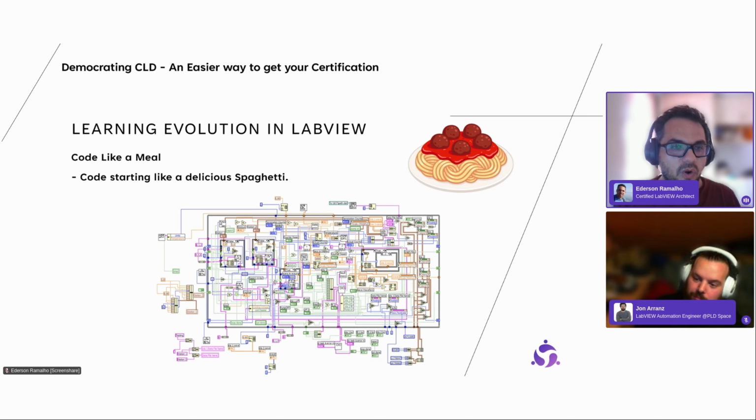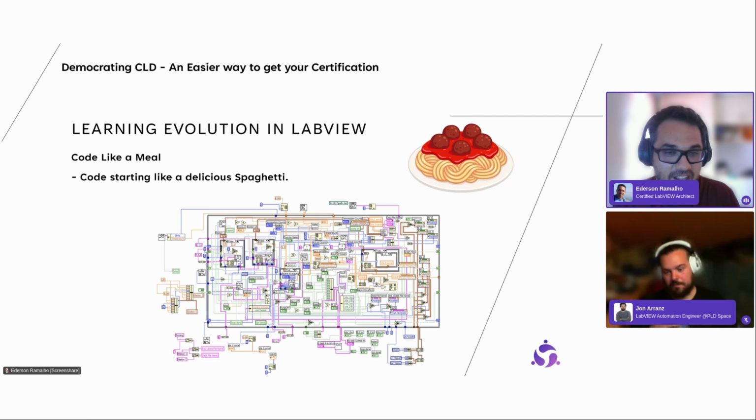Sometimes we start coding like a mule, and we end up with code like spaghetti. This is an image that is very famous in our area, and this is an evolution.